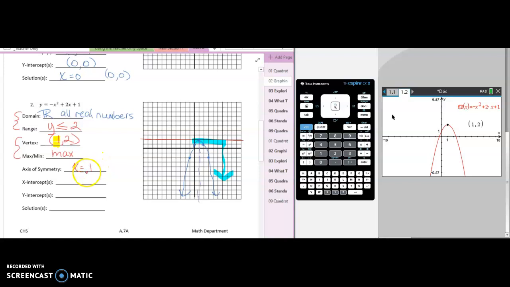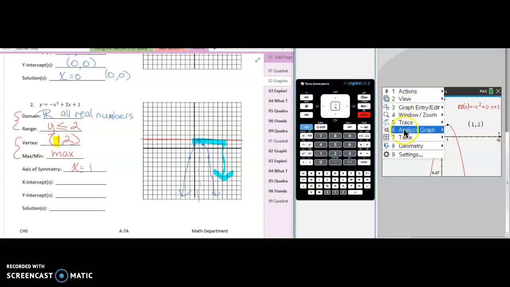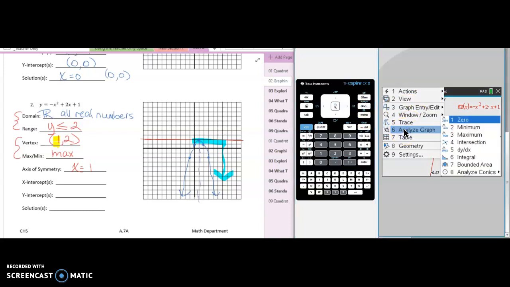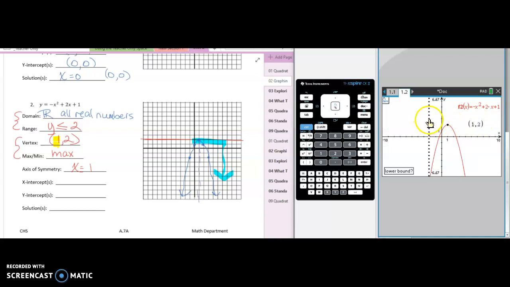All right, so now we need to do our x-intercepts. Well, you know, we can use our calculator for that because it looks like they're not crossing at pretty points. So let's do that. Menu, analyze. Do you remember how? What's the next one? You're right, it's 0. And then we're going to click, drag, click. All right, we'll move that one over here so we can see it. Let's do the other one.